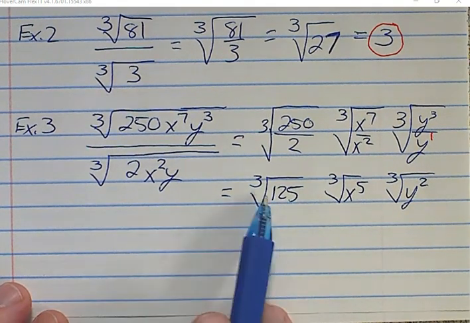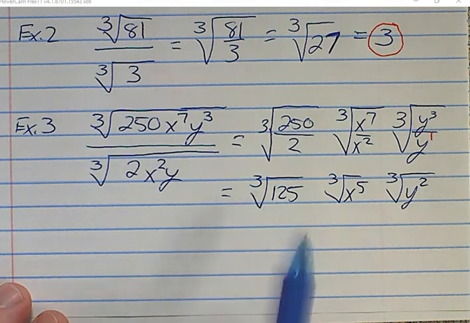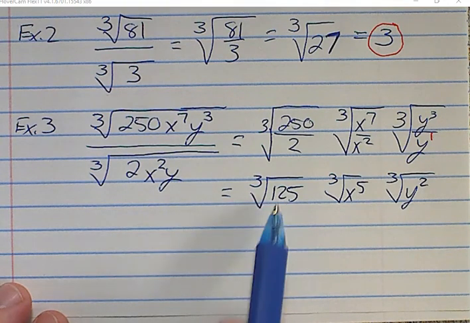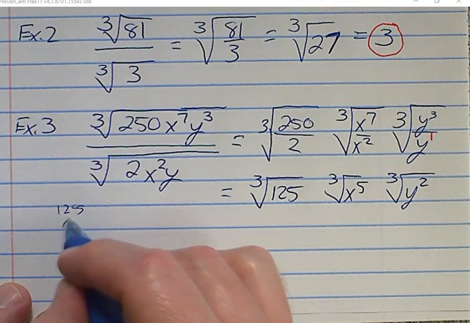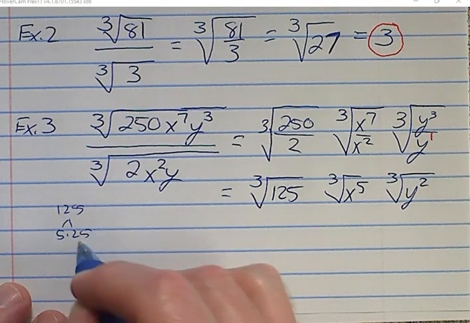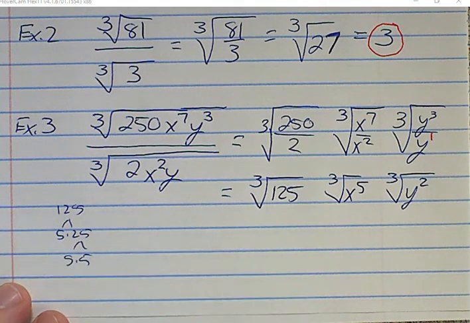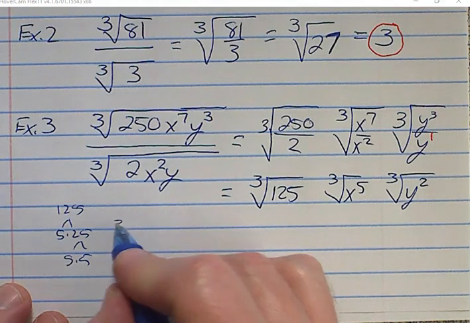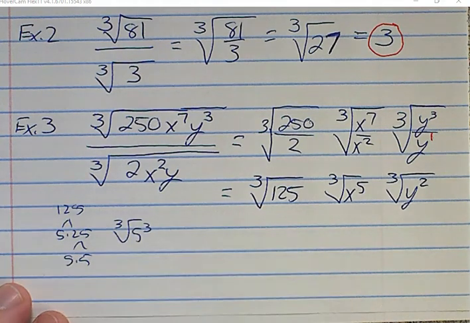Okay. And if you check the third root of 125, that does come out to be perfect, because if you'd taken 125 and broken it down, that would have been 5 times 25. 25 would be 5 times 5. So you would have the third root of 5 to the 3rd. Those would cancel, and that just makes 5.